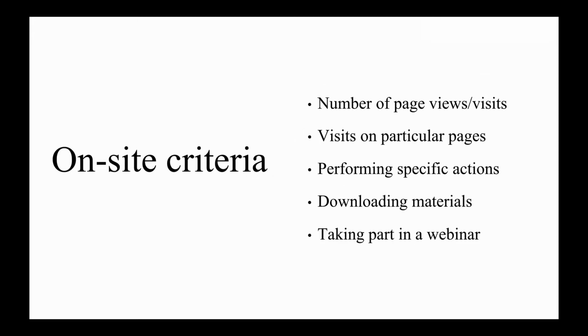The second criteria is connected with on-site matters, meaning that, let's say you have a website, right? And somebody arrives on that page, and you can track the number of page views, visits, whether a person visits a particular page. And you may ask, why is it so important? Because compare these two scenarios.